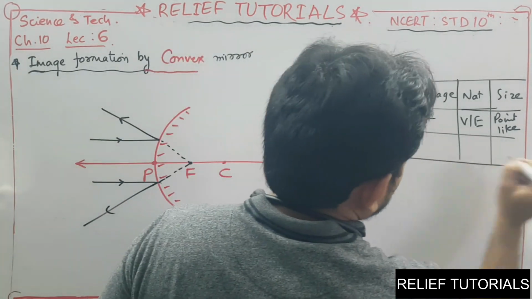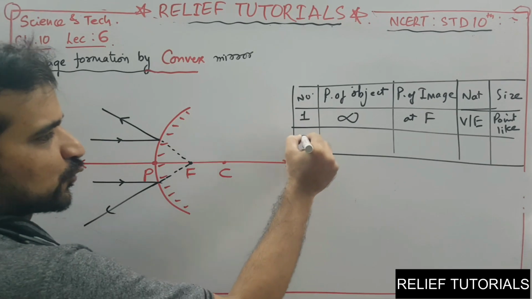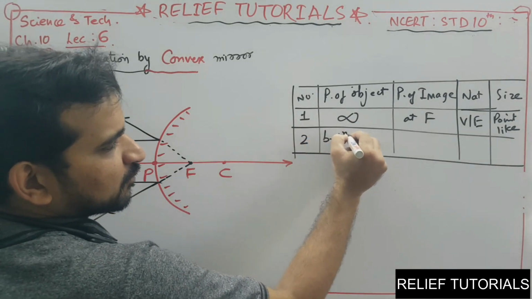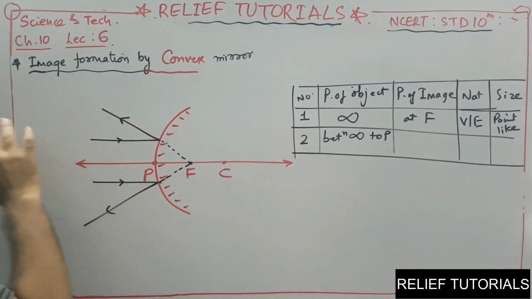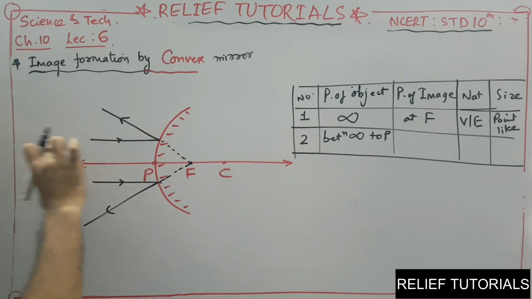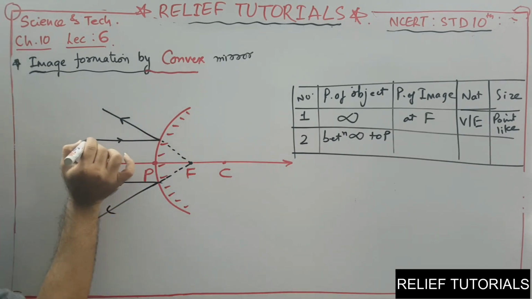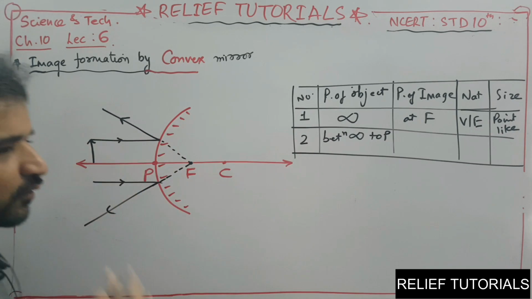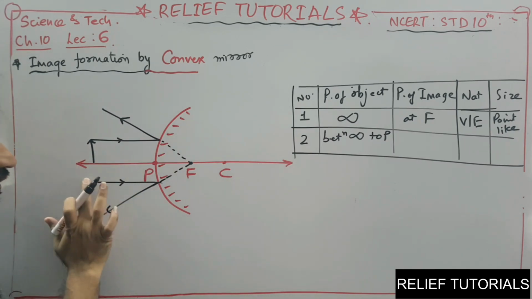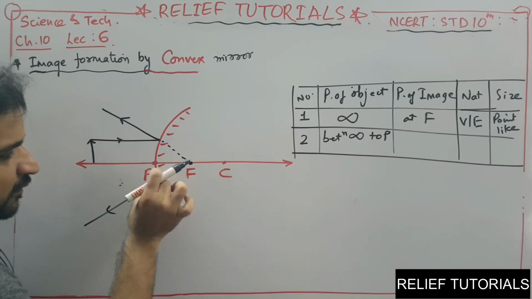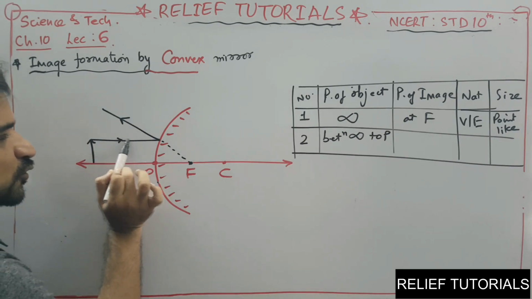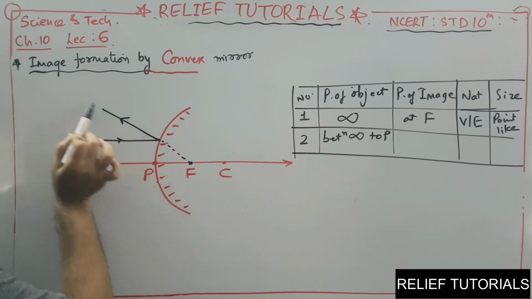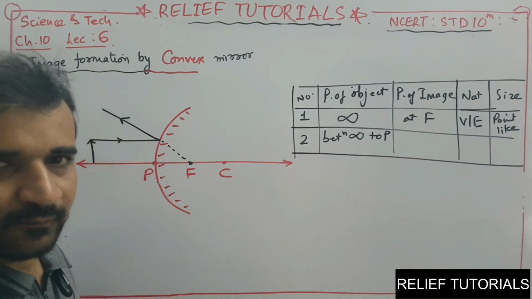The second and the only other case for convex mirror is when you place the object anywhere between infinity and pole. Consider we are placing the object here, between infinity and pole. Then the first ray goes parallel to the principal axis and reflects like this, virtually passing from principal focus.